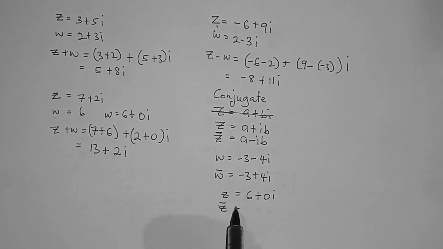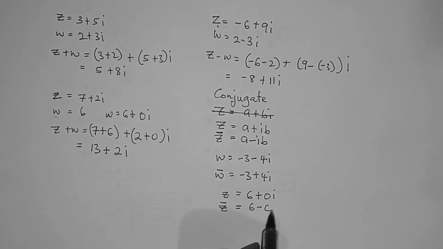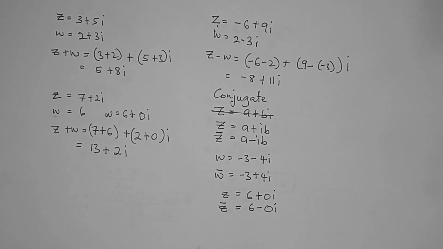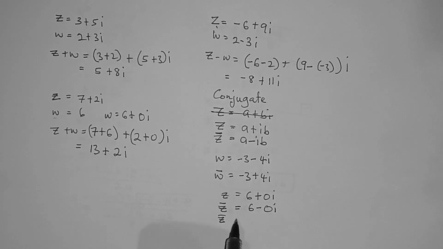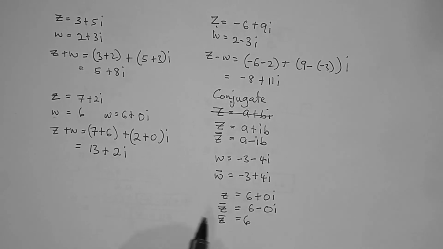So the conjugate of z is equal to 6 minus 0i, and 6 minus 0i is the same as 6. So this means that anytime you find the conjugate of a real number, it is the same number, unless the number has an imaginary part before you can make any changes to that number.